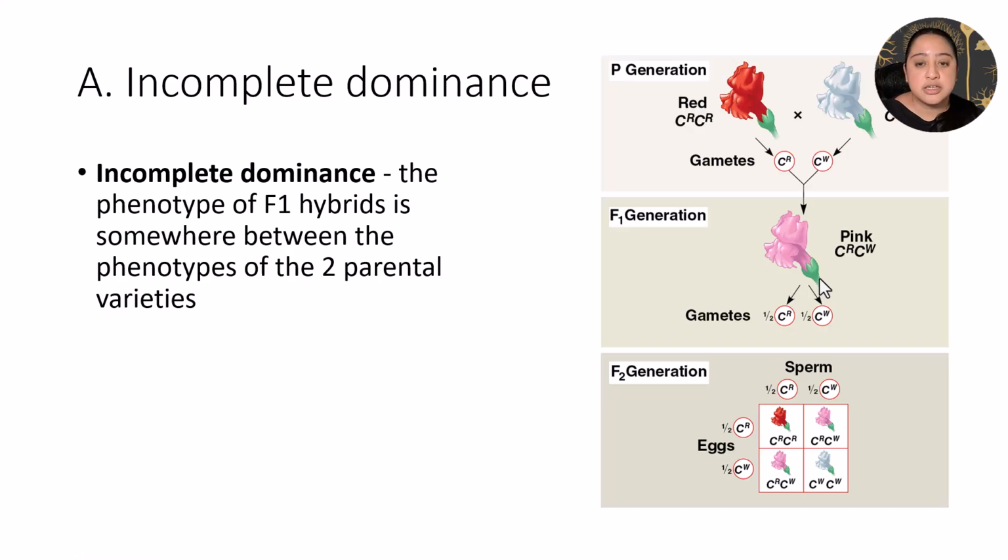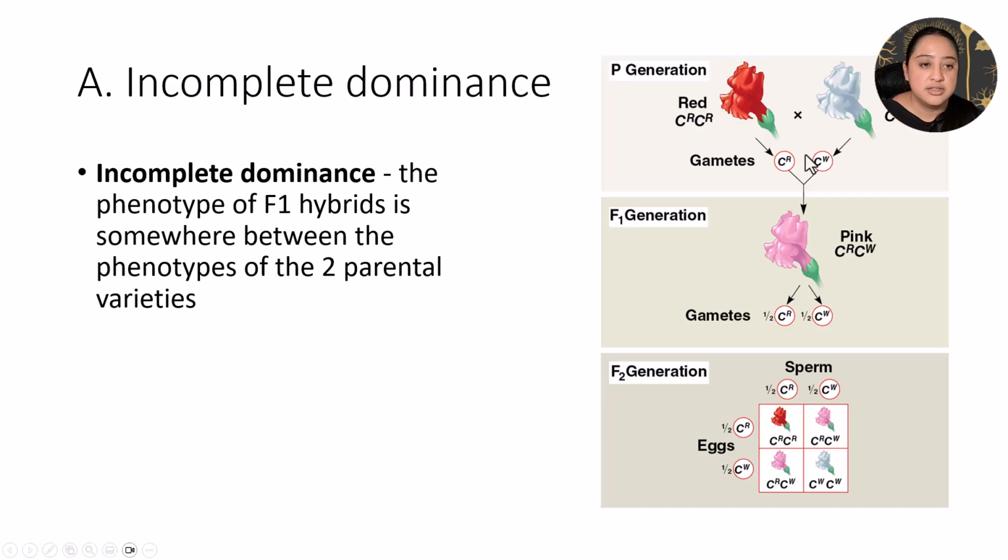That is incomplete dominance. One of them is dominant, but not completely dominant. It ends up just being a blend. It's pink. So if you were to do a cross, it would be a blend, somewhere in between the two different phenotypes of the parents. One is kind of dominant, but it's incompletely dominant.